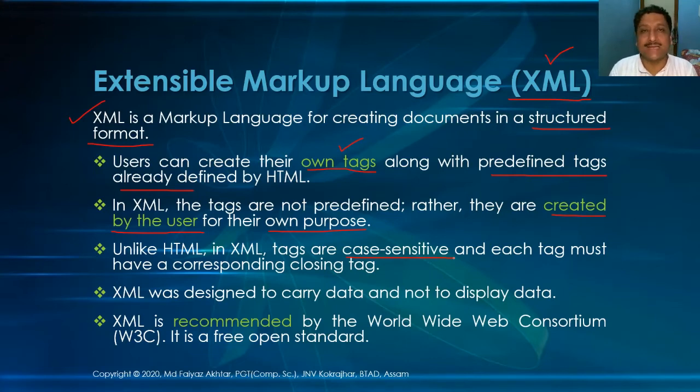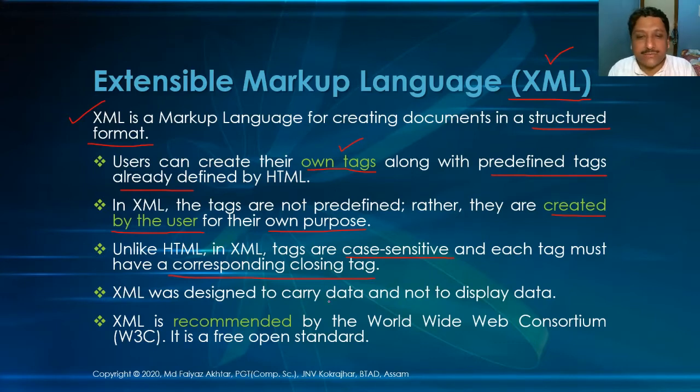It differentiates between capital letters and small letters, and each tag must have a corresponding closing tag. So opening tag and closing tag, we know the closing tag is the same with one added character, the forward slash. If we are using XML, the same method is to be used. We have to use each and every closing tag also.